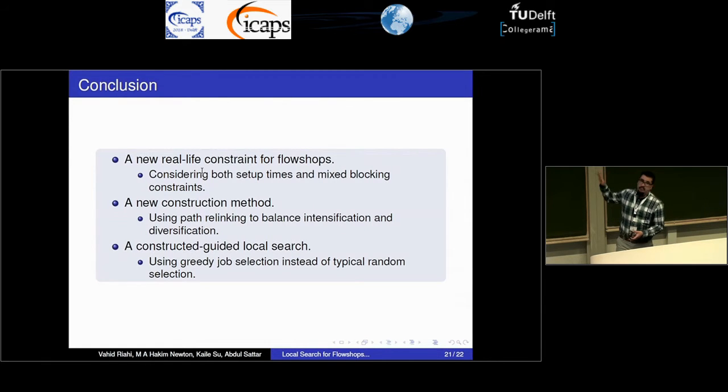In addition, there are some points that I didn't show here. For example, in the paper you can see that our constraint-guided greedy job selection is better than the random one. In addition, we propose two heuristics that are better than the heuristic algorithms in the literature.